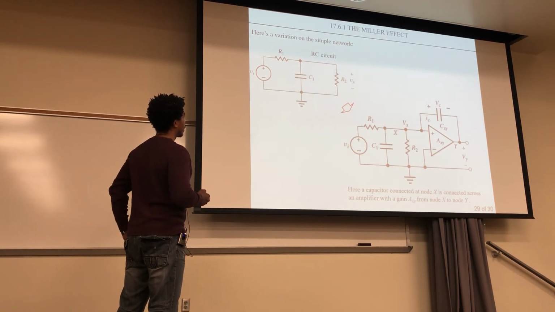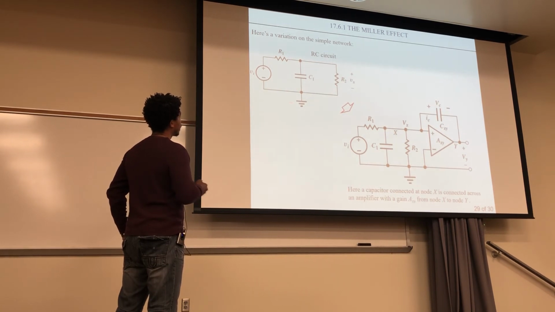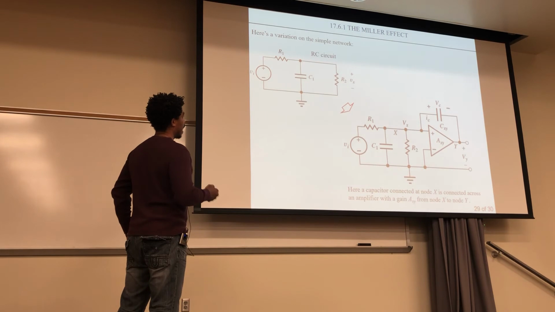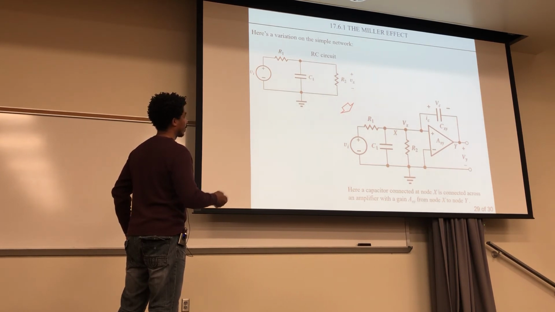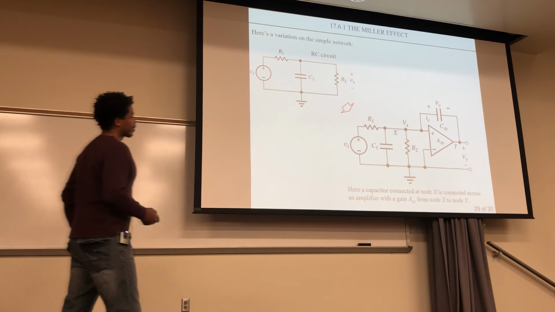Here's R2, and then we take this node and add onto it this amplifier with this feedback capacitor. We've connected it to this node X, which is all this node right here, and it has a gain of AXY.